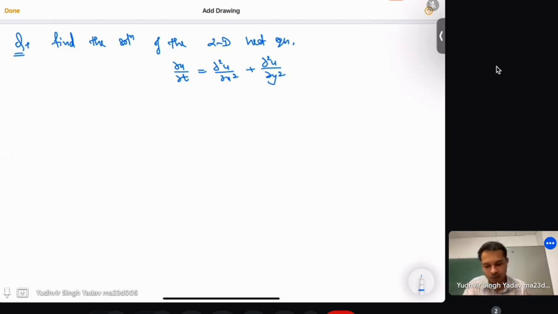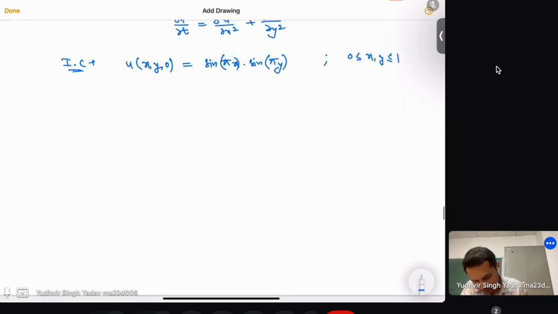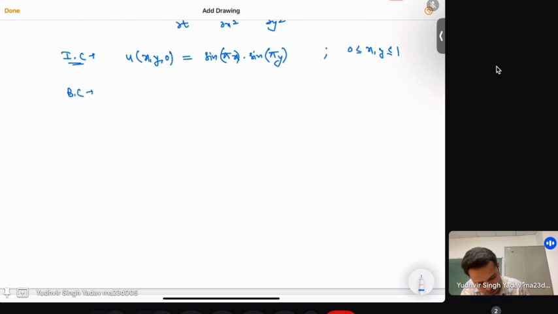So this is our heat equation in 2D form, and the initial condition is given as sine pi x multiplied by sine pi y, where x and y are between 0 and 1, and the given boundary conditions are u equals 0 on the boundaries. t is always greater than or equal to 0.